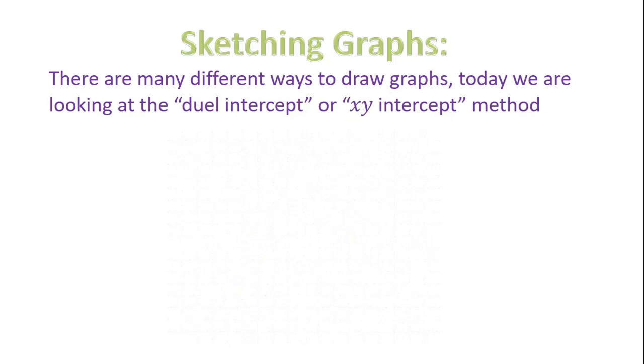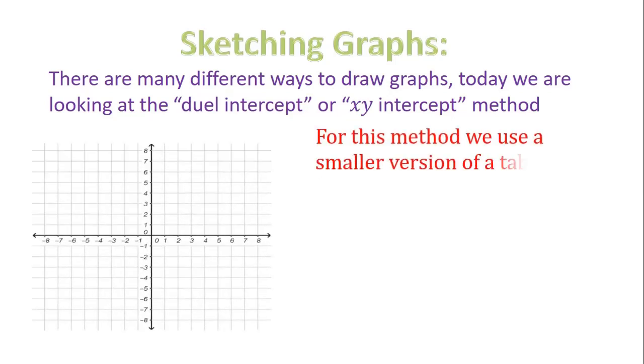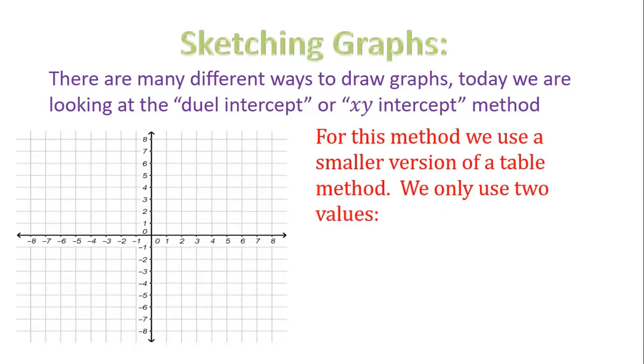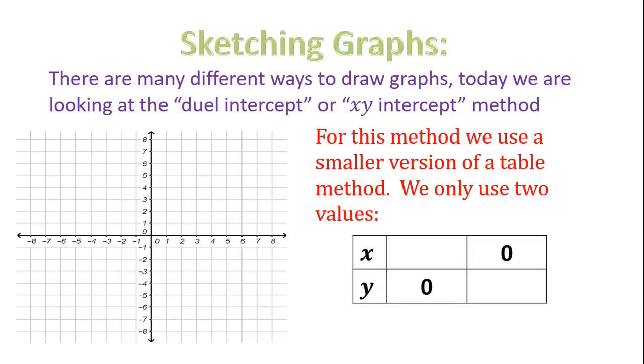So let's look. For this method, we use a smaller version of the table method. We only use 2 values. Where y is 0, can I work out my x value, and where x is 0, can I work out my y value?